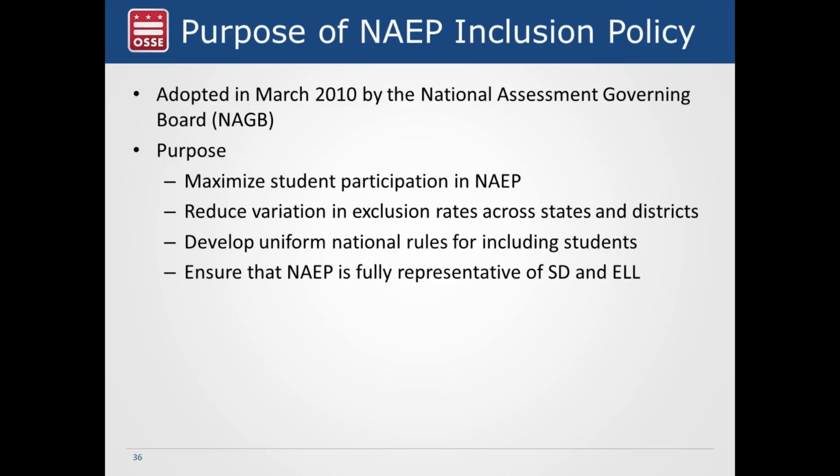There were various reasons for the exclusion, but nonetheless, it was not consistent across the country. Therefore, NAEP, the governing board, adopted a policy in 2010 to help define which students should and should not be included in the assessment in an effort to increase participation, minimize the variation across the states, and provide clarity and rules.